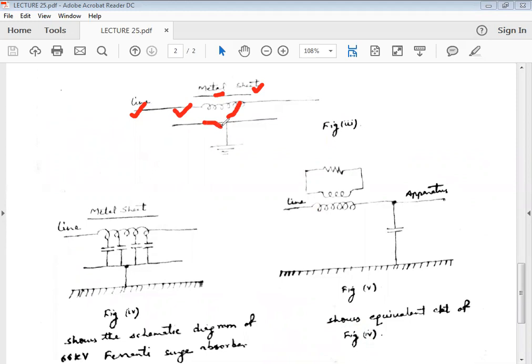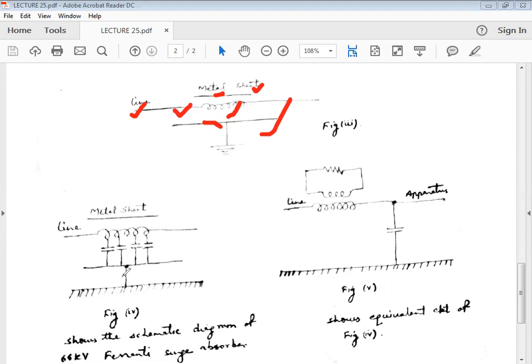Due to the transformer action, the overcurrent is dissipated in the form of heat in the dissipator, and this scheme is good for protection of the transformer only. This is a schematic diagram of a Ferranti surge absorber for a rating of 66 kilovolt.